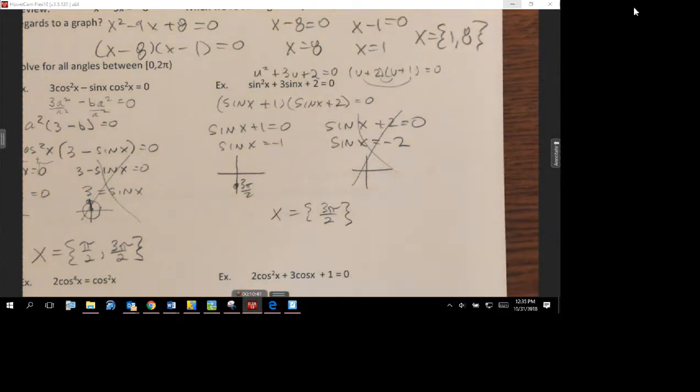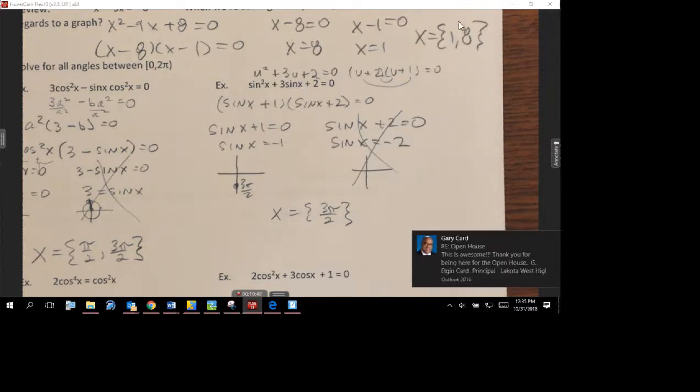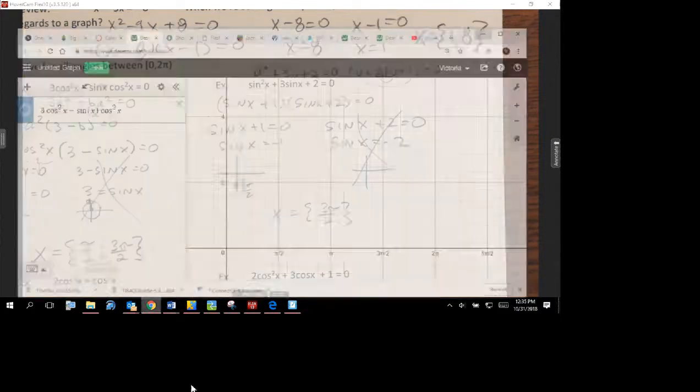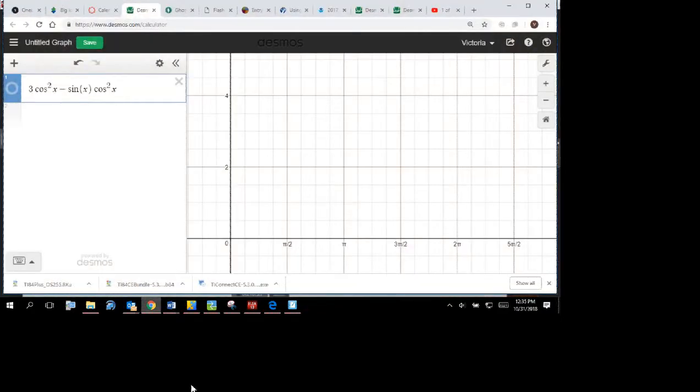I have these typed in, but go ahead and type them in. I want you to check. I want you to be able to get this faster and faster. So just watching me do it isn't going to help you 100%. You go to Desmos and type it in. See how fun that graph looks, if it's fun.